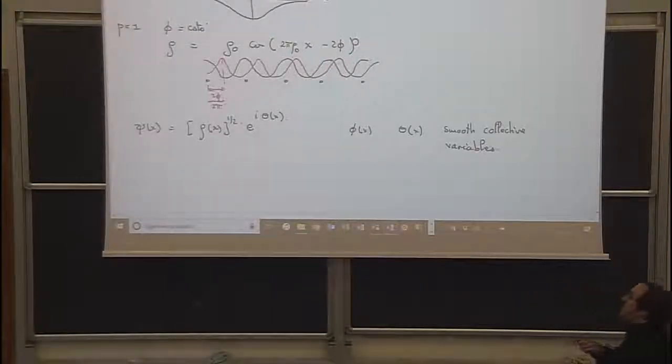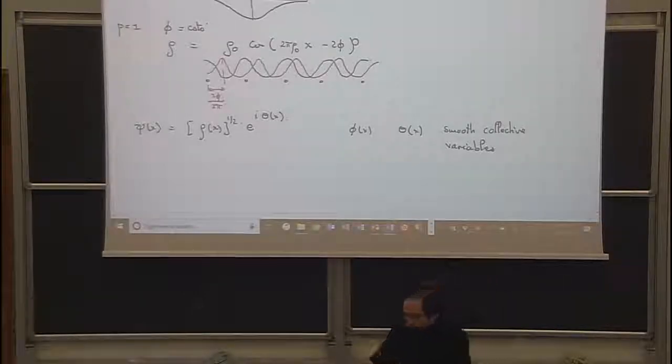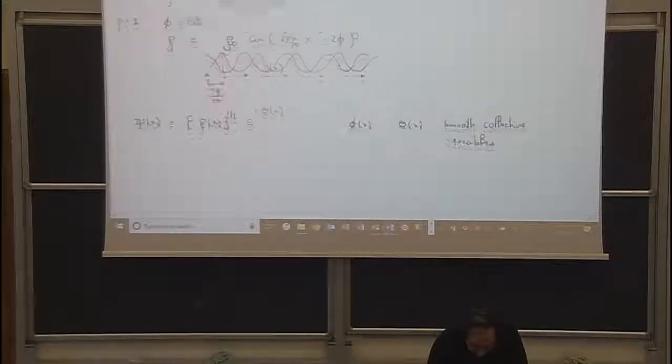So for expressing the single particle operator, we started to write the formula. We write that this is the square root of the density, and then I need to put a phase. So I say this is exponential of i theta of x, where theta of x is essentially the phase, so it defines the operator theta of x.